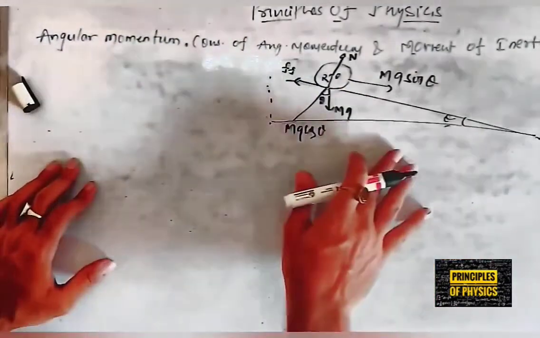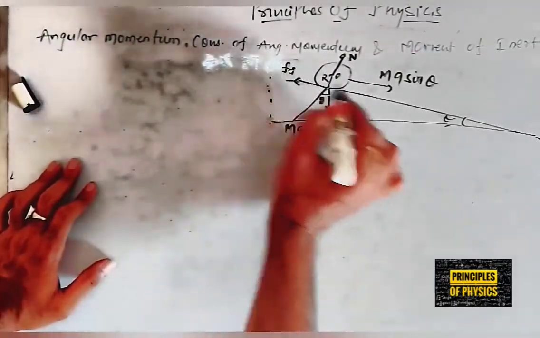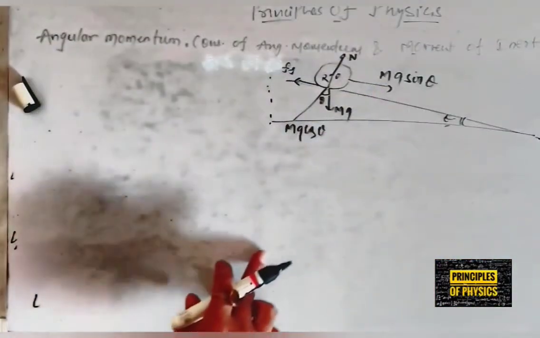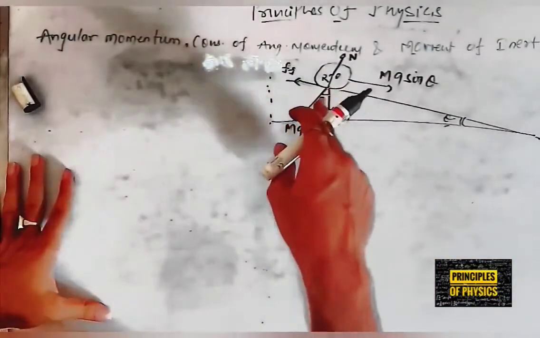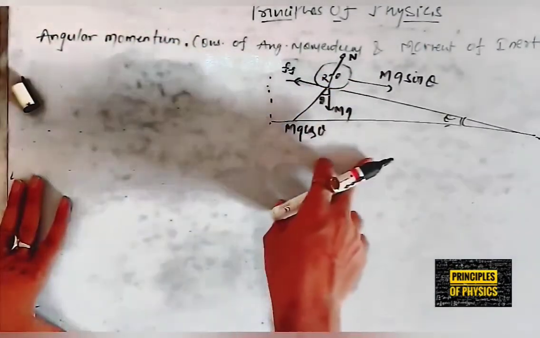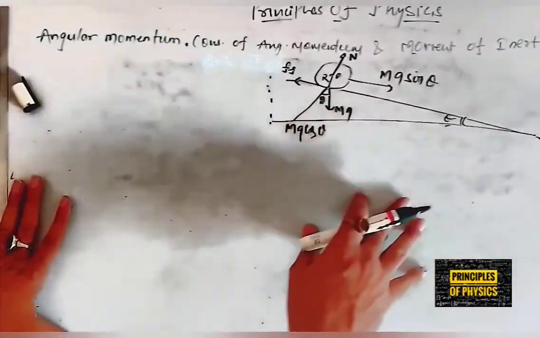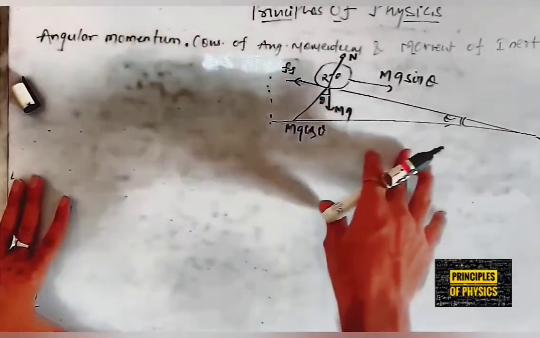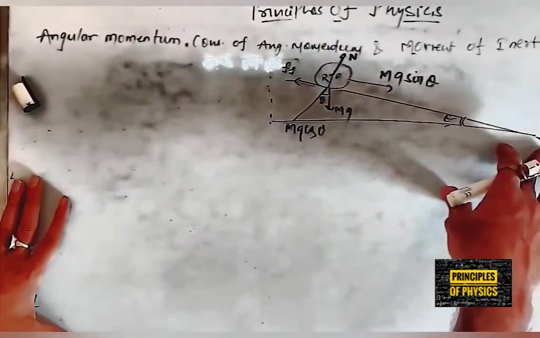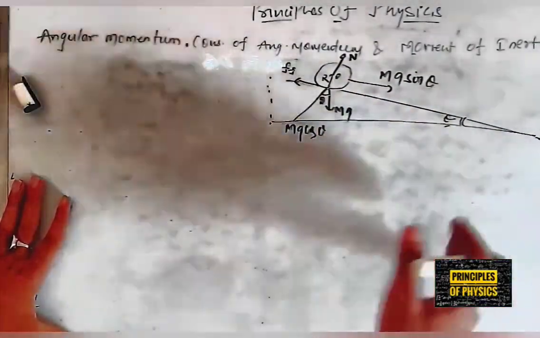So here you can clearly see a rough surface of incline at angle theta from the horizontal, and on that rough surface we have put a solid sphere, and it's rolling down. By this diagram we will understand how moment of inertia changes when it reaches the bottom, or on which factor it will change.